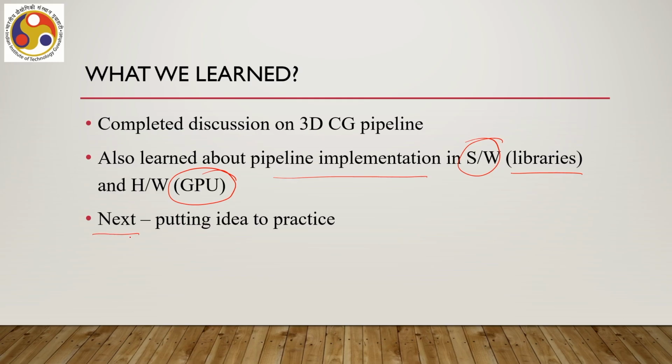In the next part of the lecture, we are going to talk about how all these ideas are put into practice, how all this knowledge helped us determine the complexity of the problem involved, and how we can try to address the complexities by taking recourse to different technologies.